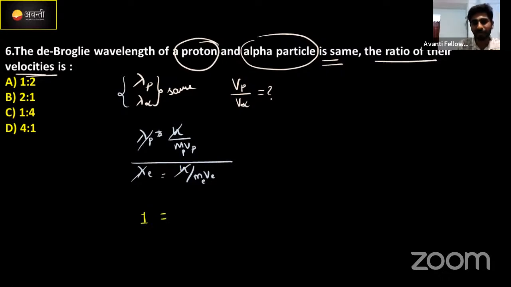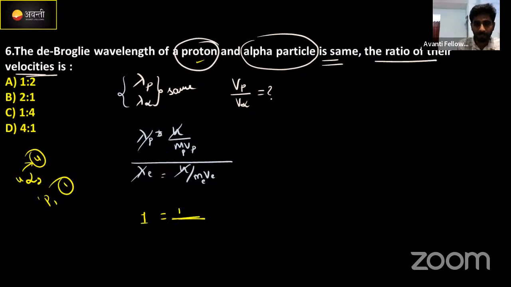On the right hand side, 1 by mass of proton into velocity of proton equals 1 by mass of alpha particle into velocity of alpha particle. The alpha particle is nothing but a helium nucleus, 2He4, with mass number 4, and the proton is 1H1, mass number 1.